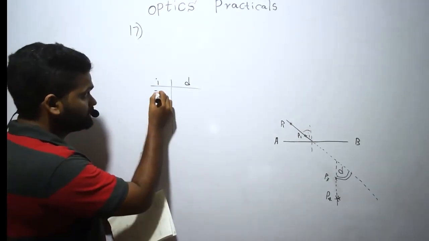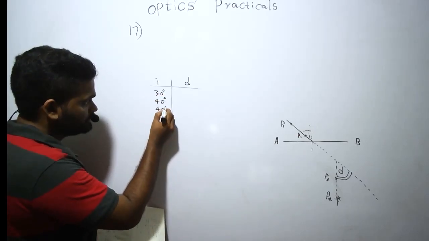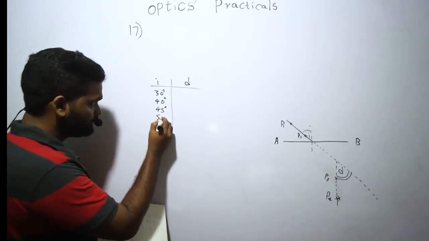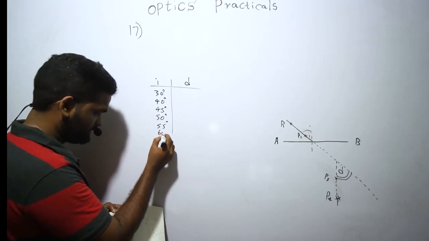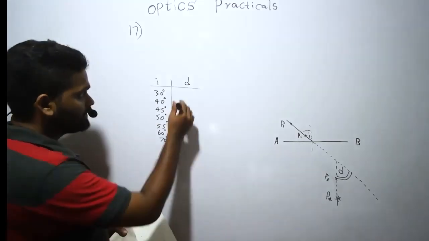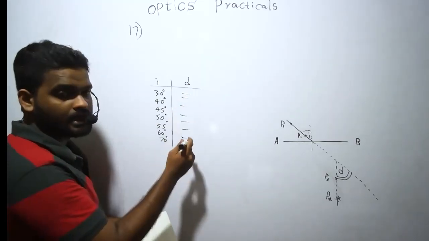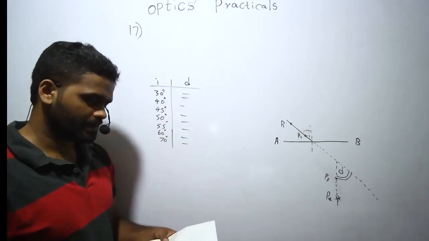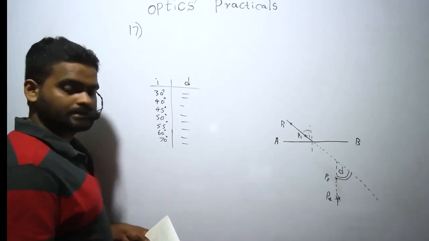Let's say you got readings like 30, 40. Just take this down with me. 50, 55, 60 and 70. Let's say you have about 6 or 7 values of angles of deviation, right? Now what do we do?